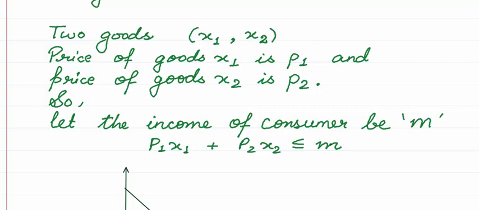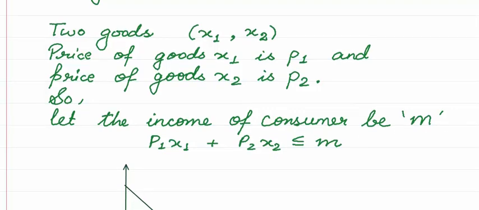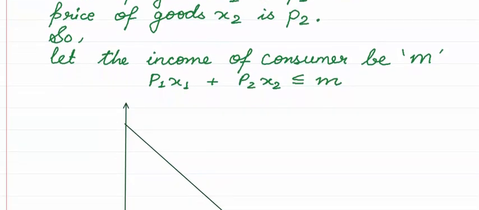A consumer can spend either an amount of money equal to his income or less than his income, but he cannot invest more than his income because there is no money with him to invest more than his income.